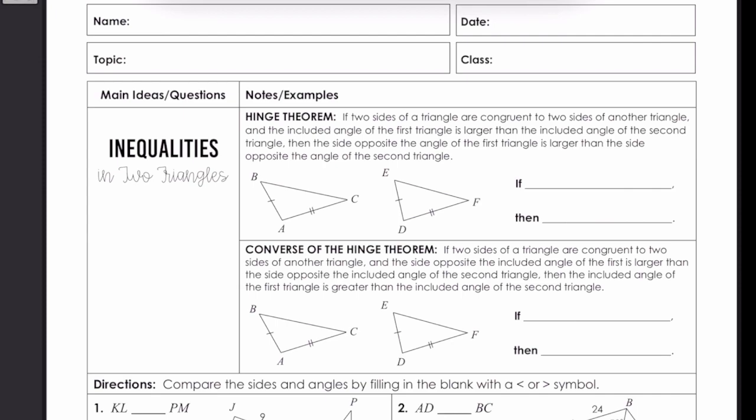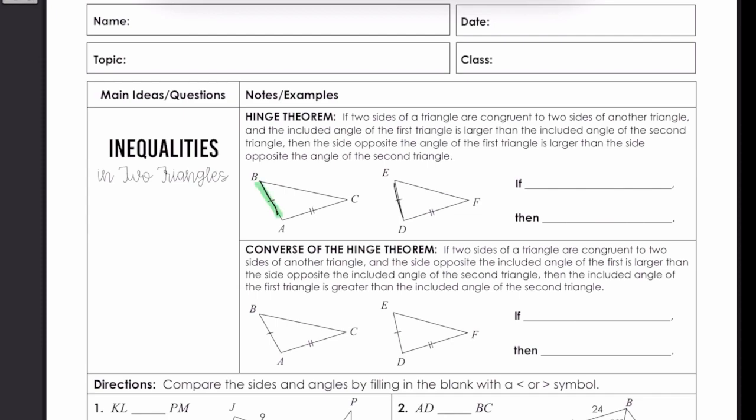So this is pretty much directly related to the side angle relationship we discussed before, where you can order sides: the smallest angle is going to be opposite the smallest side, and the largest angle is going to be opposite the largest side. It's this idea that if you have two pairs of congruent sides, in other words, these two, right?